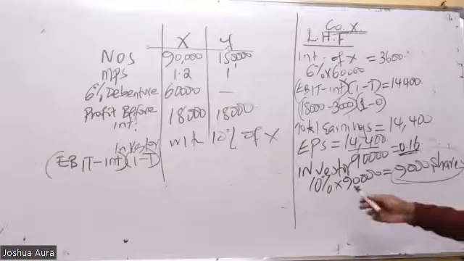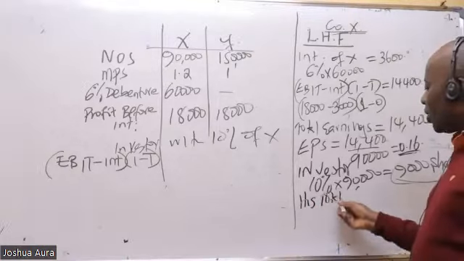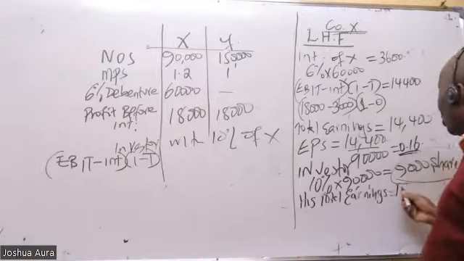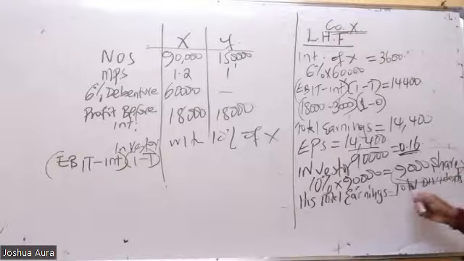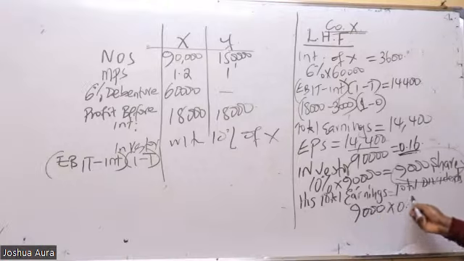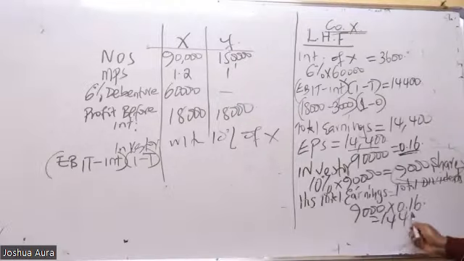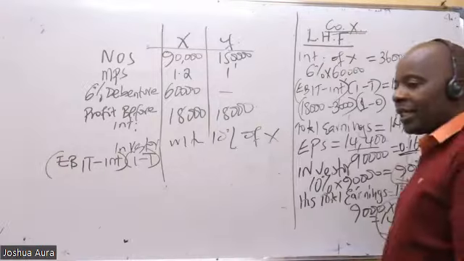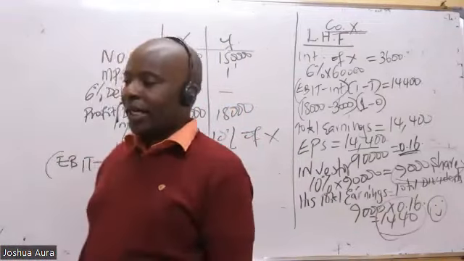His total earnings, which is the same as total dividends, will be 1,440. Could you kindly double underline this?